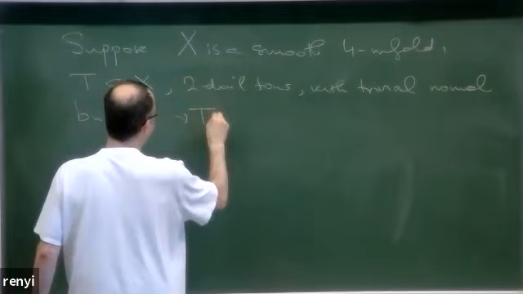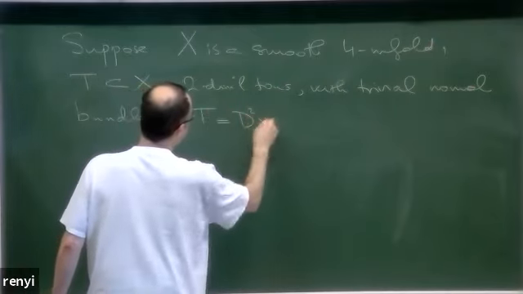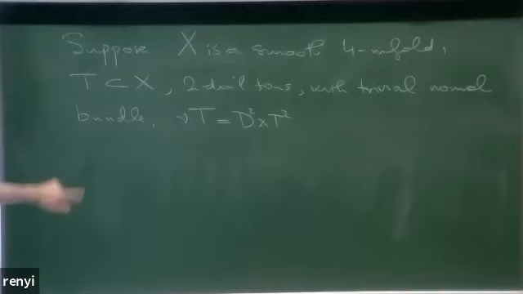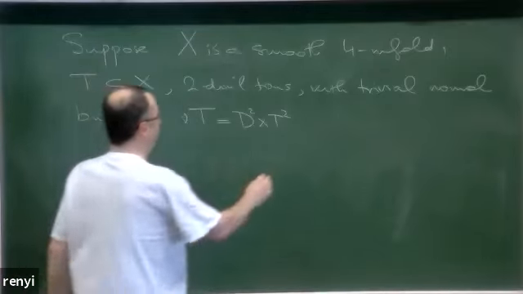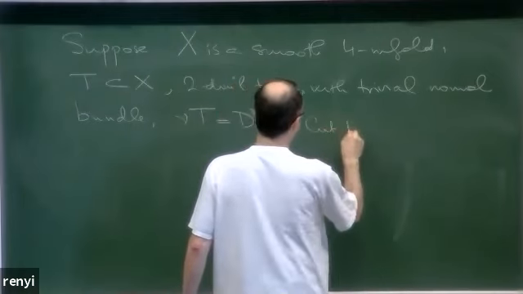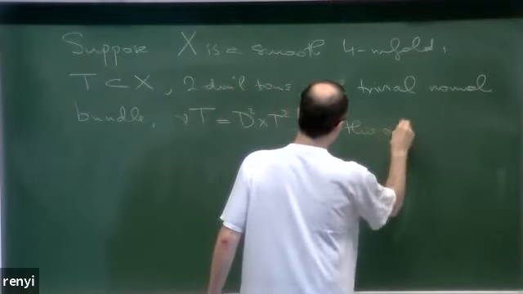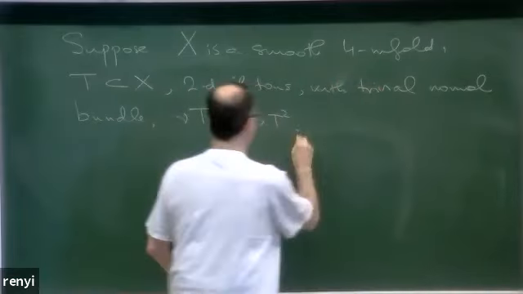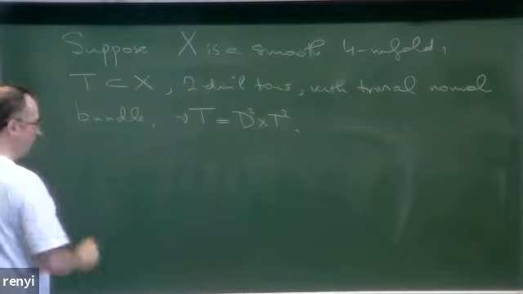So the tubular neighborhood is just D2 cross T2, very similar to the previous case. And now we do the following. Take this and construct the following object.